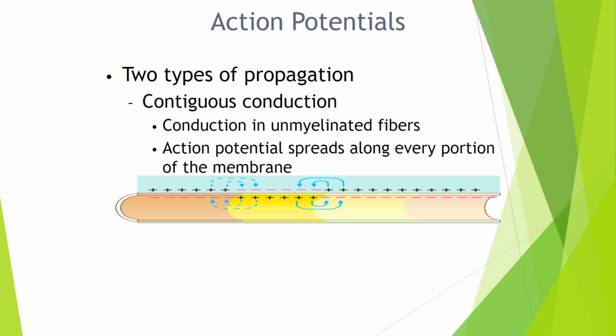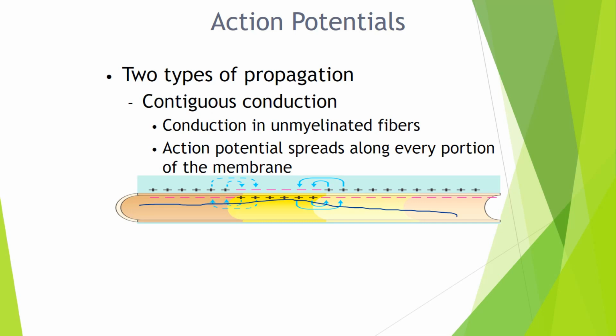So action potentials are produced down the entire length of that axon, at every patch of the membrane. So you can imagine if this was a large axon, this would take a lot of time.